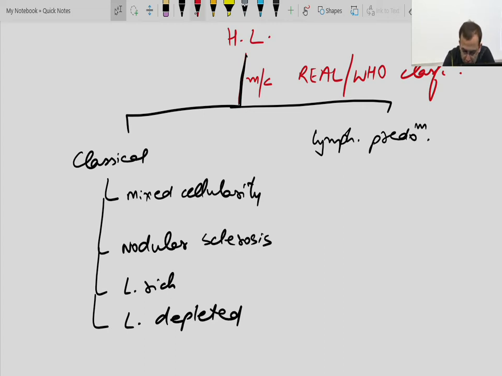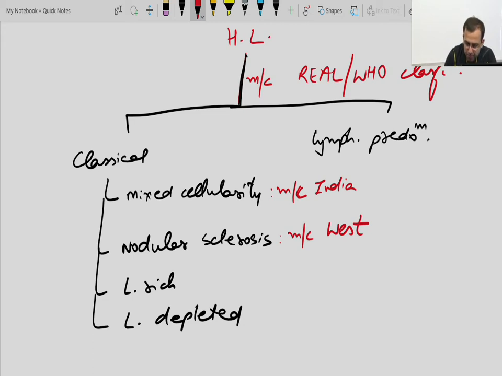First point, most common Hodgkin's in India is mixed cellularity. Easy to remember, we are a secular country, we are a mixture of everybody. Whereas most common in the West is nodular sclerosis.